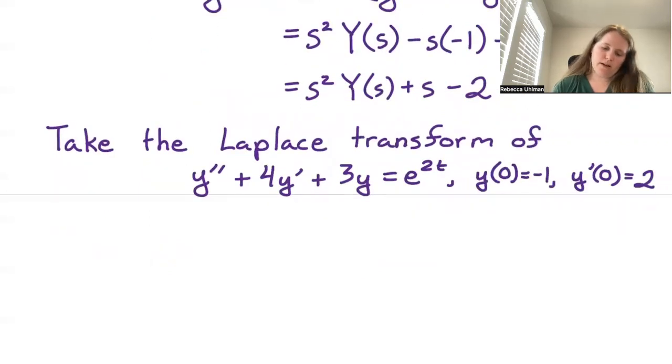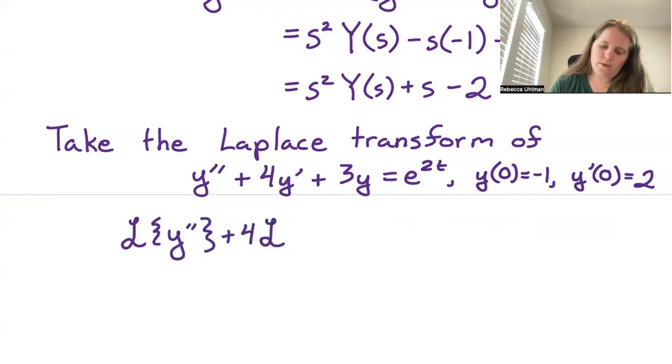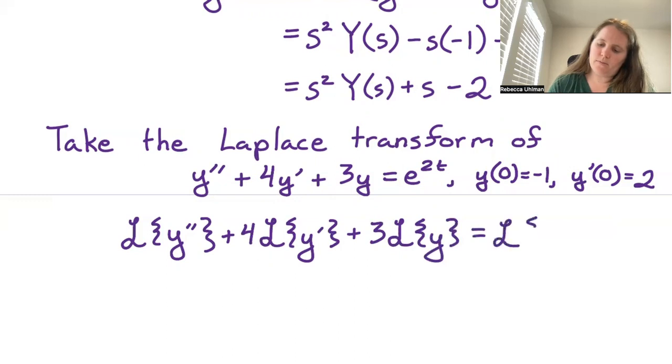We would be looking at the Laplace transform of y double prime plus 4 times the Laplace transform of y prime plus 3 times the Laplace transform of y. And that should be equal to the Laplace transform of e to the 2t.